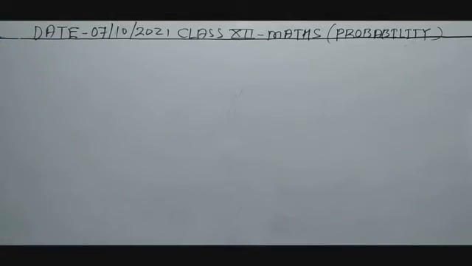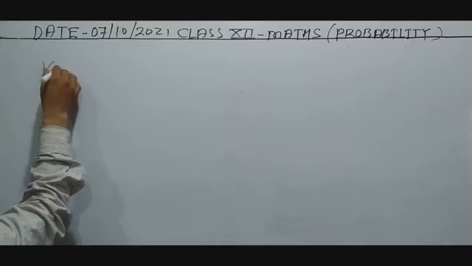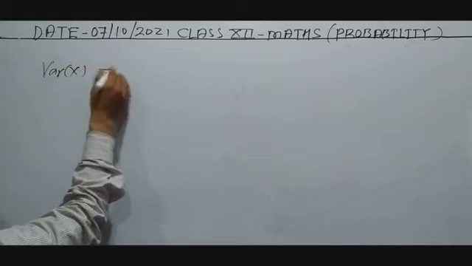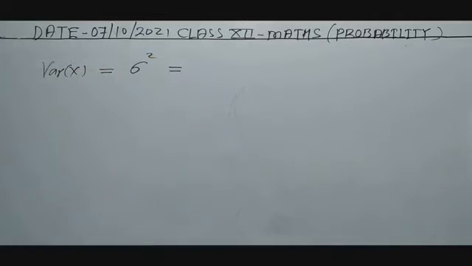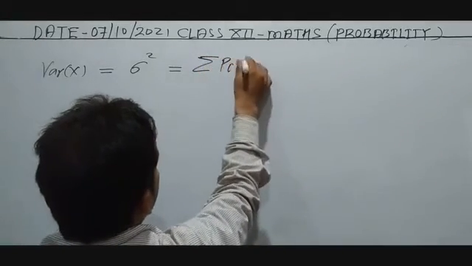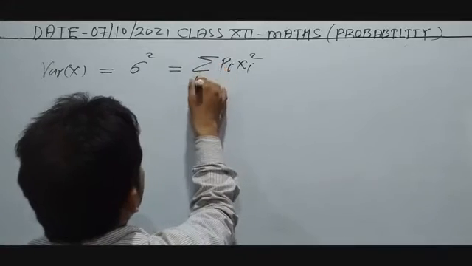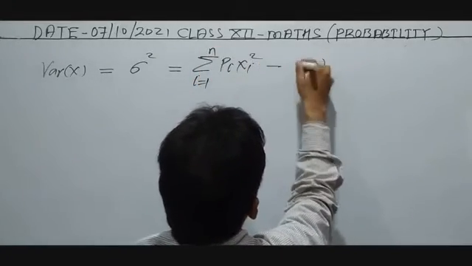So the variance formula you know: variance of x is equal to, and this is the symbolic representation, sigma square. So what is its formula? Formula you know, sigma pi xi square, i equal to 1 to n, minus mu square.